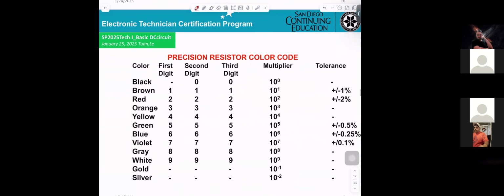Okay, this is the precision resistor. That's a little different. The only difference is that it will be much more accurate. If you're using this 1 kilo ohm resistor, it can be plus or minus 0.1%.